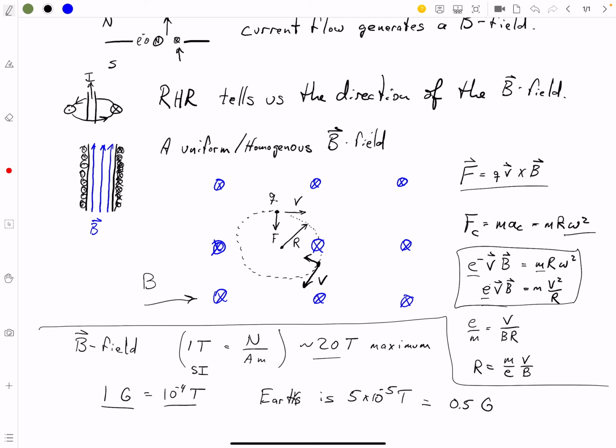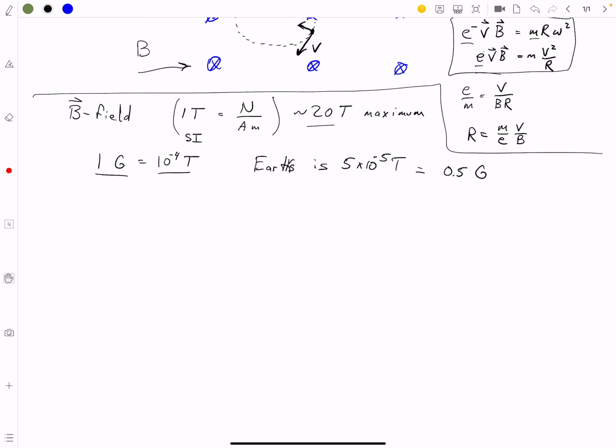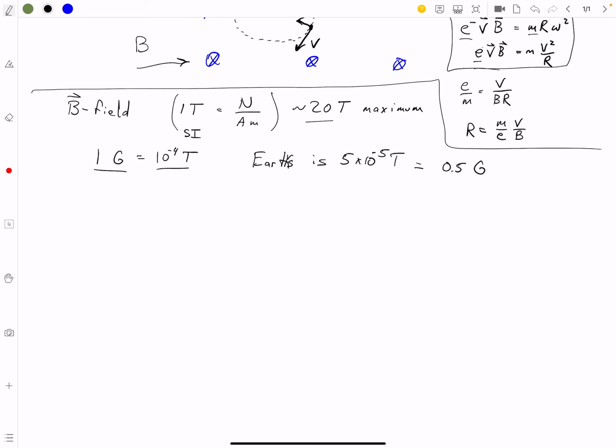Okay, all right, so let's give ourselves some room here. B fields. Let's keep going with B fields. When we have two poles, we've got our North Pole and our South Pole. The North Pole to the South Pole is how the B field goes.